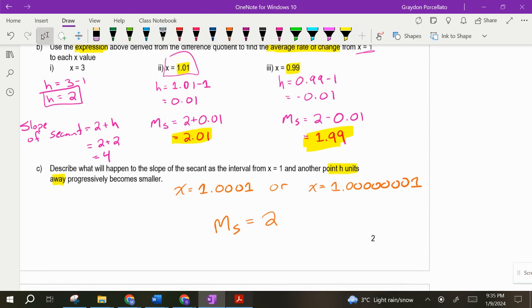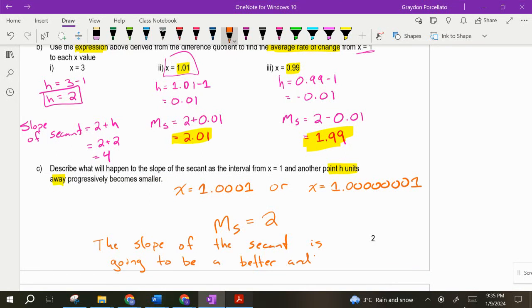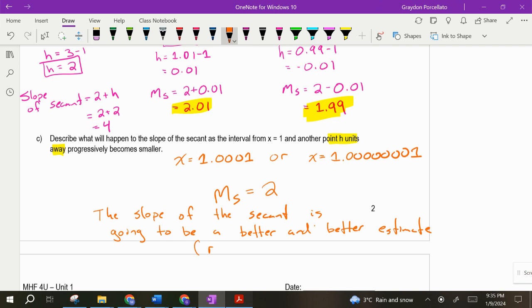And all this means is that the slope of the secant is going to be a better and better estimate for the IROC, the instantaneous rate of change, at x equal to 1.